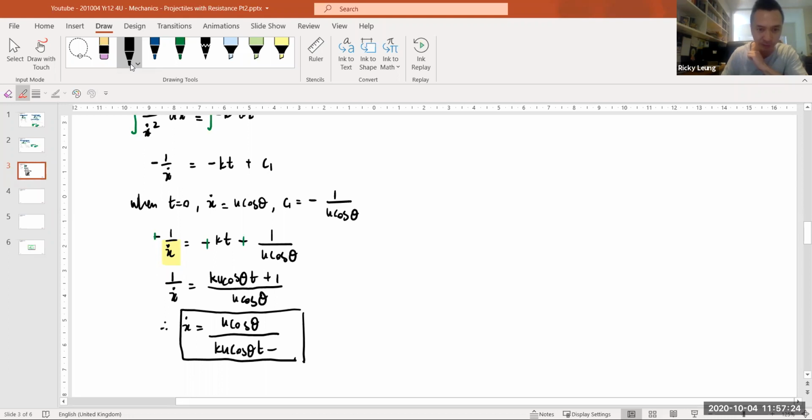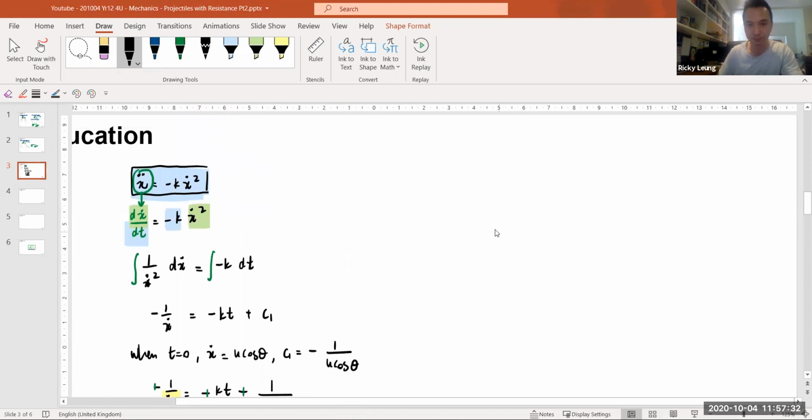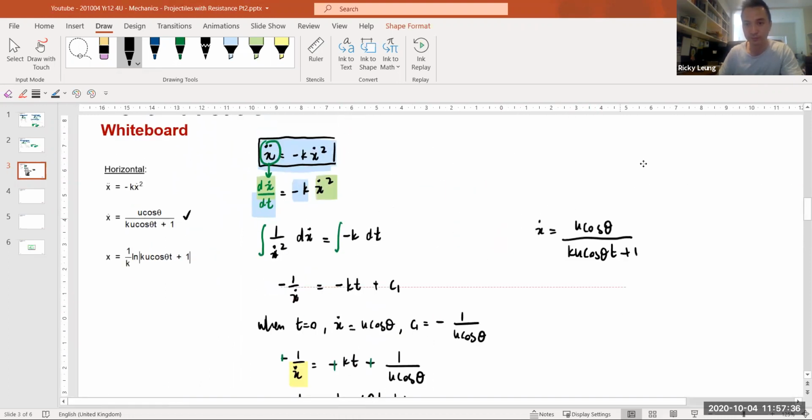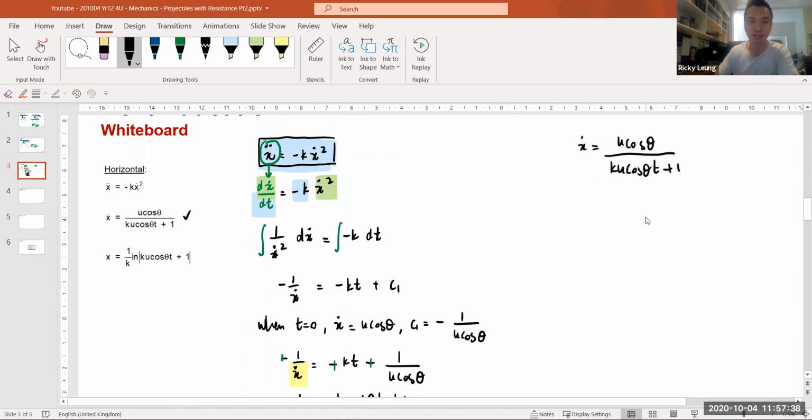Cos theta t plus 1, and I need to copy this up here. And it's this expression that I need to replace with a dx dt.